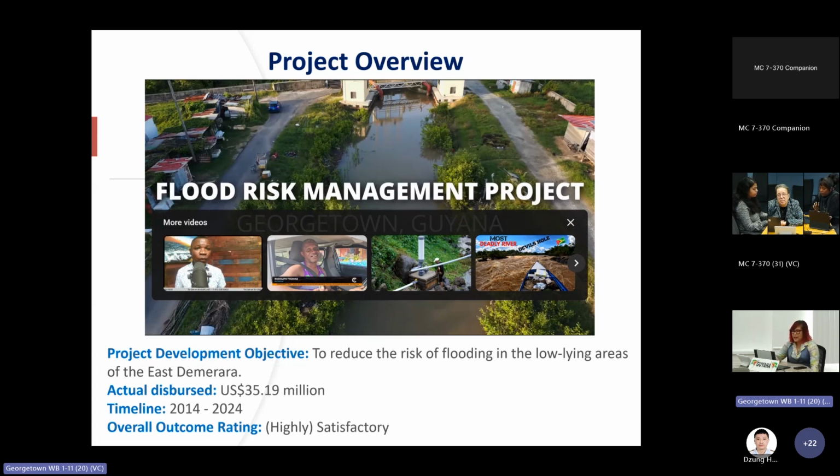So we can imagine that not only is climate change impacting the flood management and drainage system in the country, but also simply the massive urban growth and urban development and transformation of the coastal plain from agricultural land, so sugar land, to basically rapid urbanization.